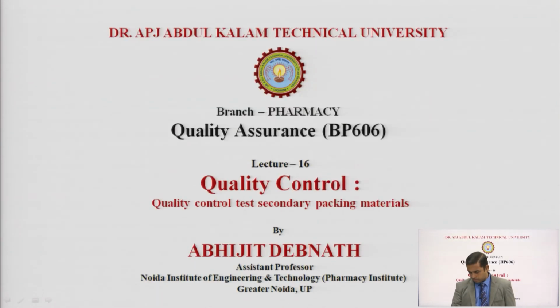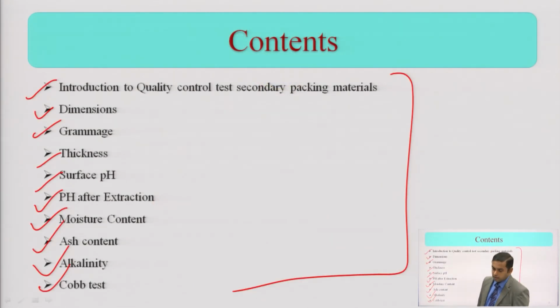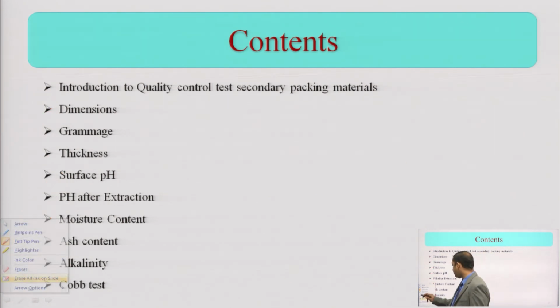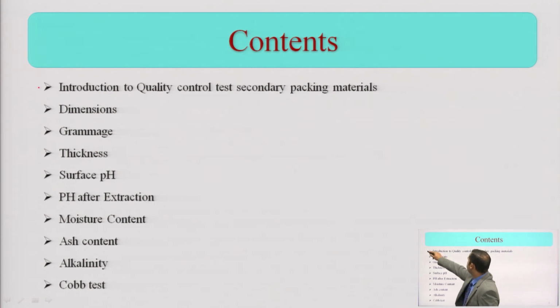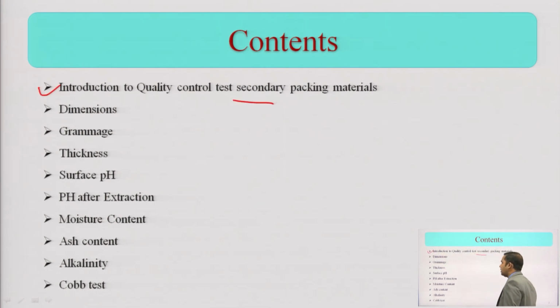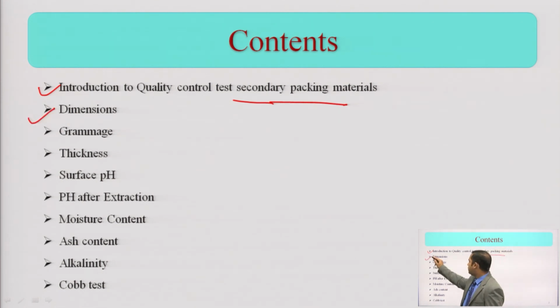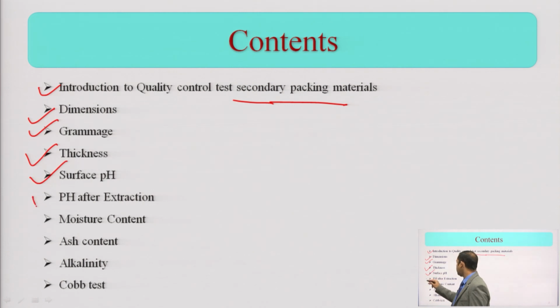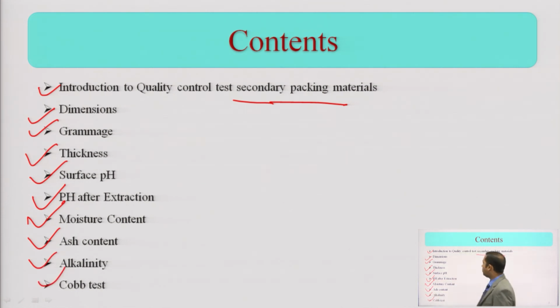This is what we have tried to cover today. I have told you about various quality aspects of our secondary packaging material. We have seen the dimension, grammage, thickness, surface pH after extraction, moisture content, and you have also seen the ash content, alkalinity and Cobb test.